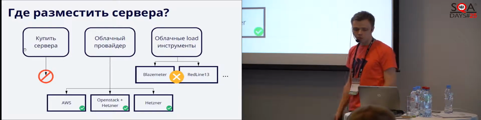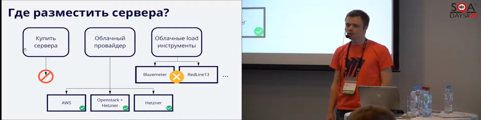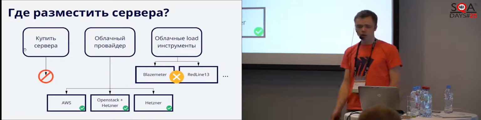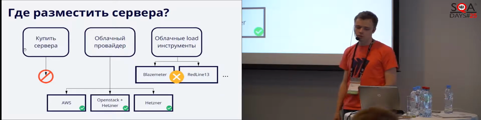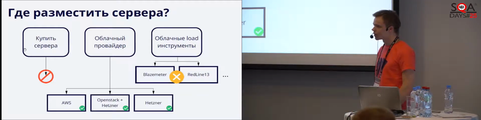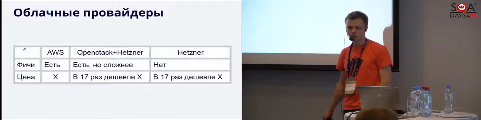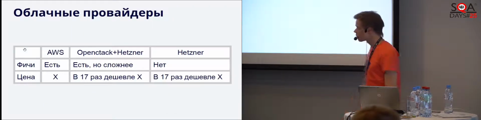And in the end, we had to choose between the cloud providers, which test in AWS. We tested in AWS and Amazon because our production environment is also there. And we thought that it would be cheaper to do the test in such a way.